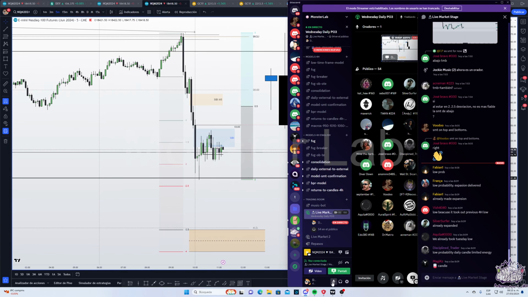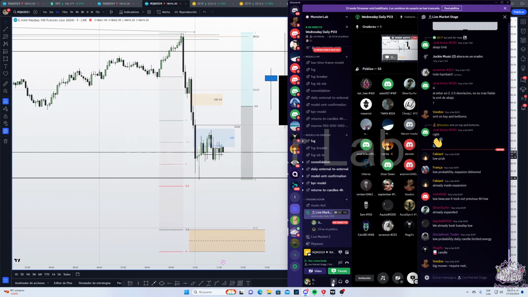Exactly. When price already has the expansion, there is more probability for one consolidation or one retracement, but more slowly because the fastest move is already printed. There is a probability price continues the expansion, yes, but it's low probability.